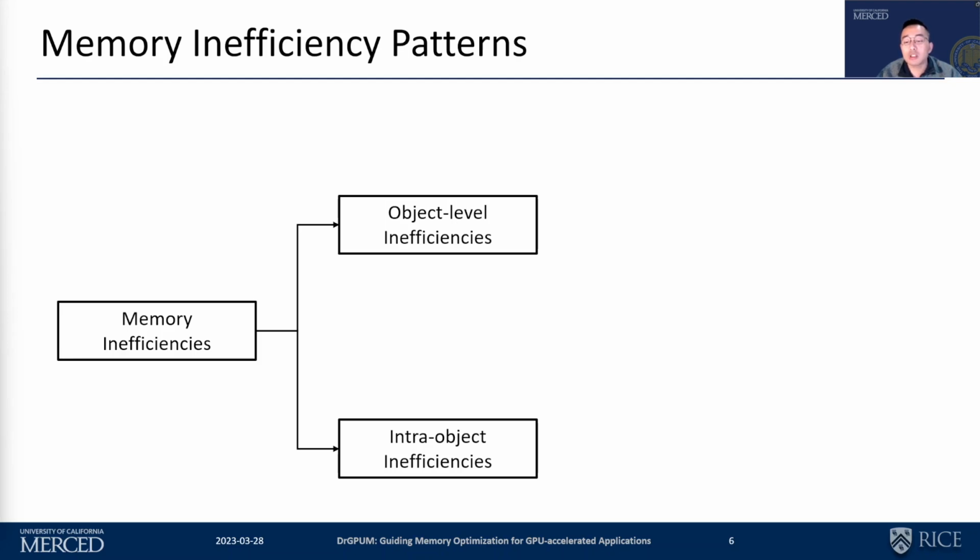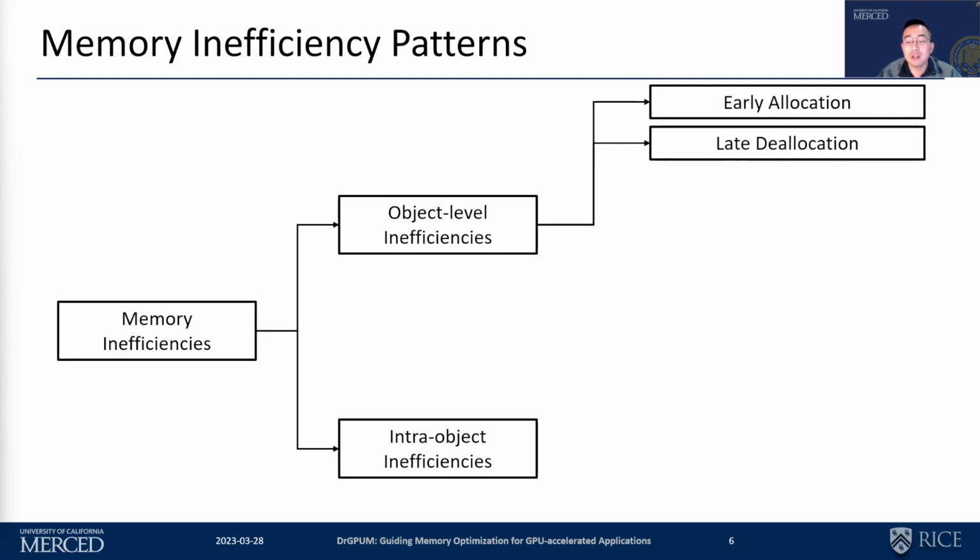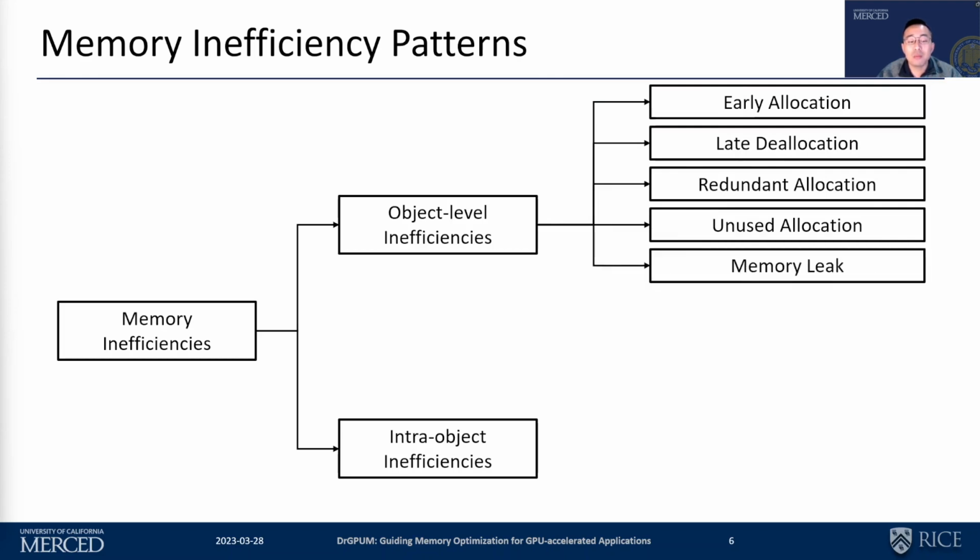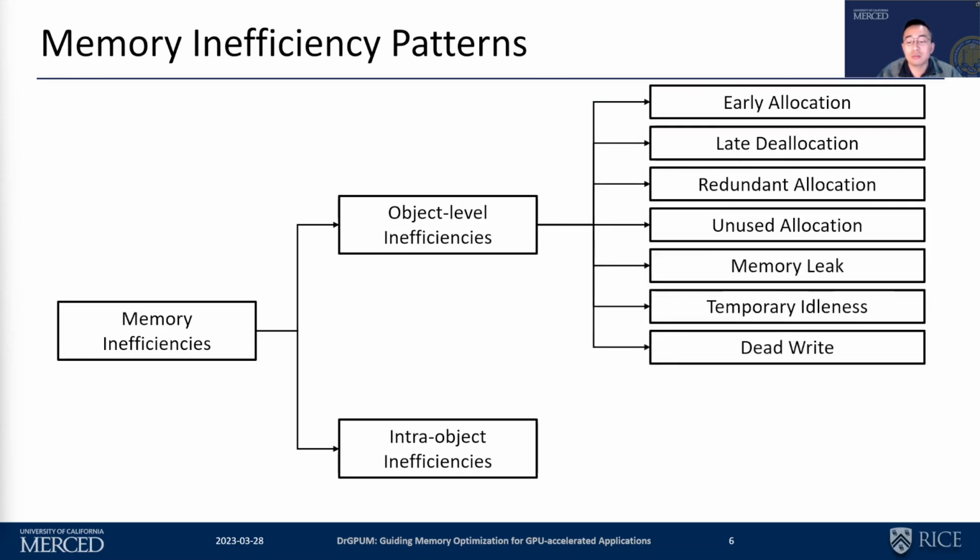For intra-object inefficiencies, we focus on memory access within a single object. Object-level inefficiencies can be further classified into early allocation, late deallocation, redundant allocation, unused allocation, memory leak, temporary idleness, and dead write.